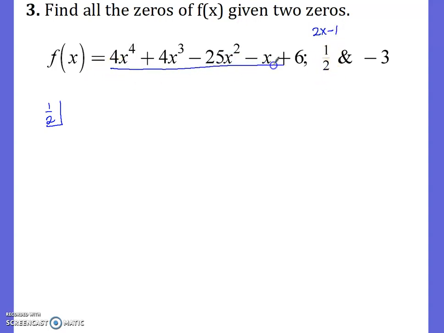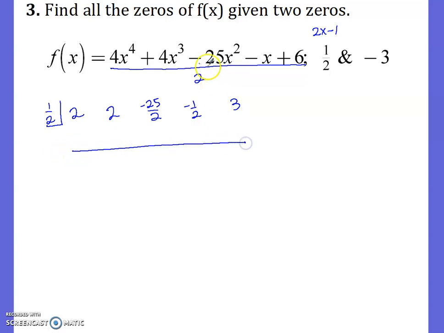So what I'm going to do first is divide everything by 2. If your zero is a fraction, you want to divide by the denominator. So that's going to be 2, 2, negative 25 over 2, negative 1/2, and 3.